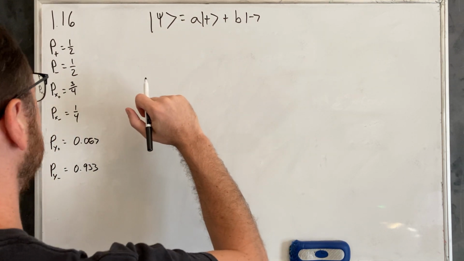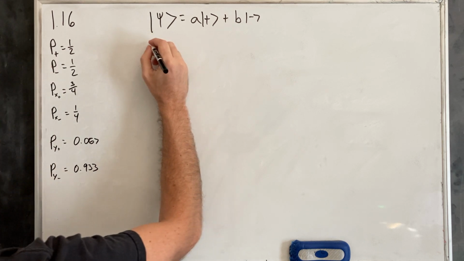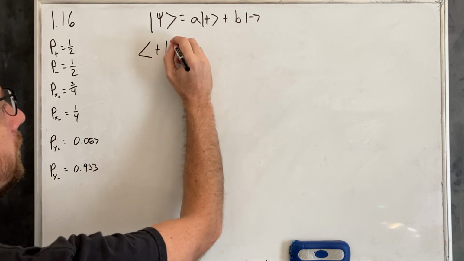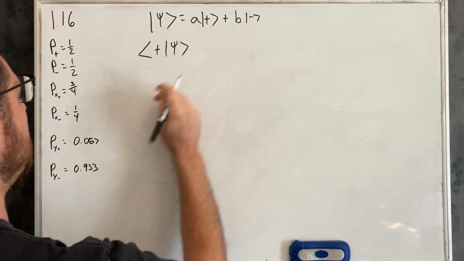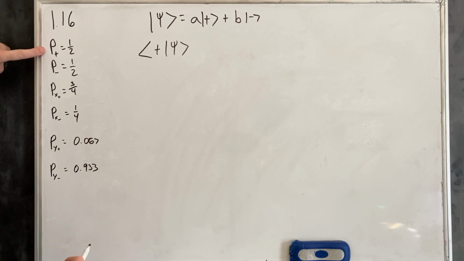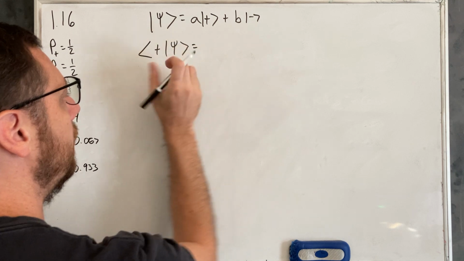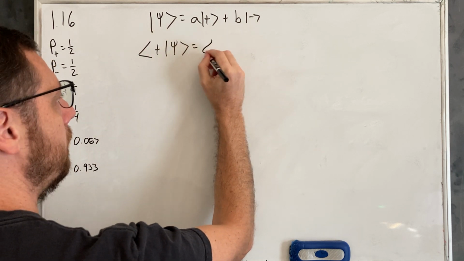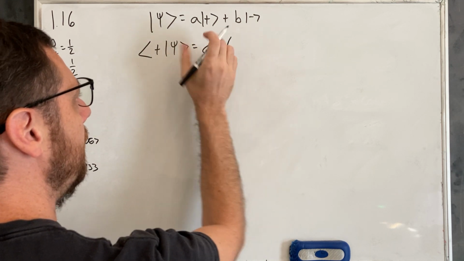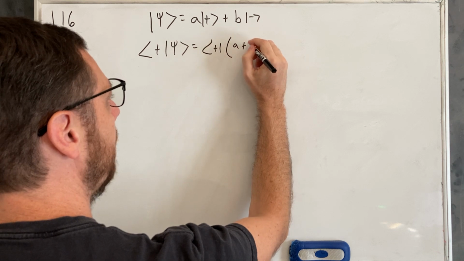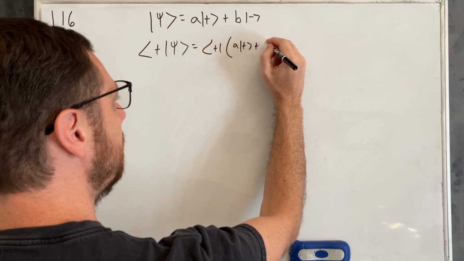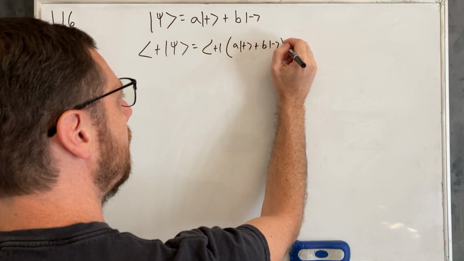So we can start off by getting the inner product with the Z basis. We know that the result should be this one right here, should be 1/2. So we get the bra of the up times our state here, A up plus B down.